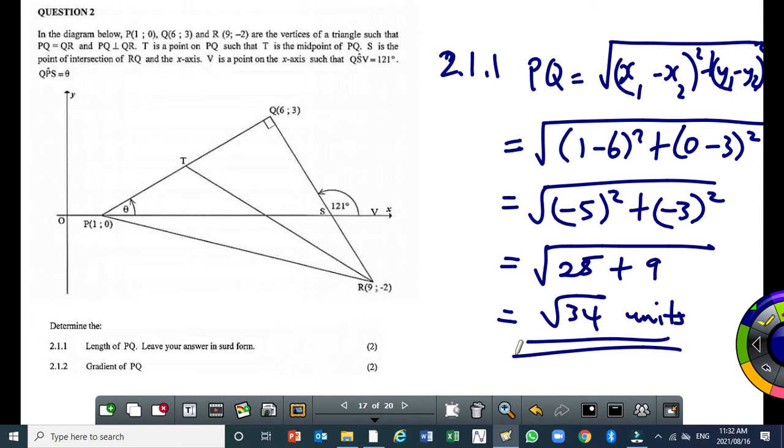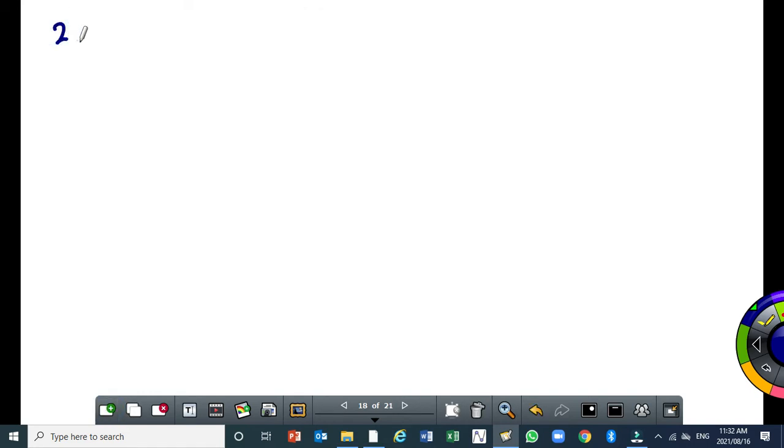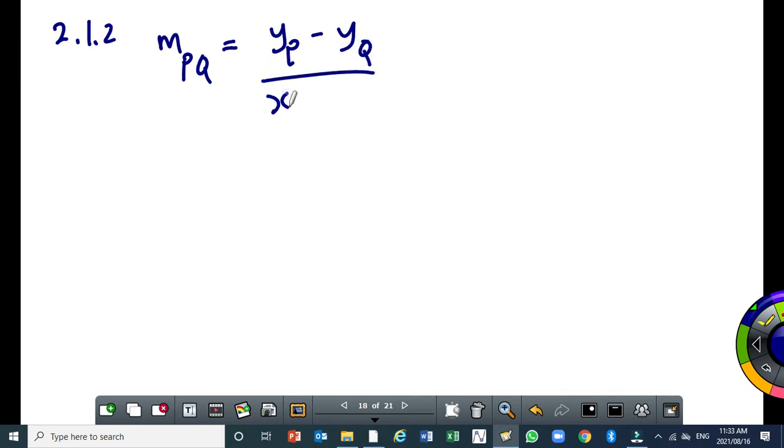The gradient of PQ. Now, gradient, I'm sure you know by now, you should be marking your work, not copying everything. So 2.1.2, the gradient of PQ, I can write this as yp minus yq over xp minus xq. Here I'm being specific, instead of using y2 minus y1 over x2 minus x1.